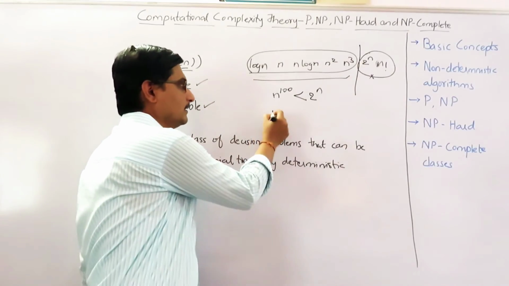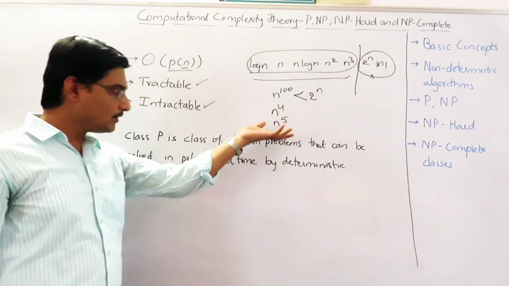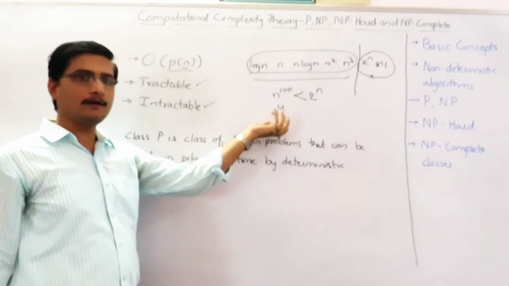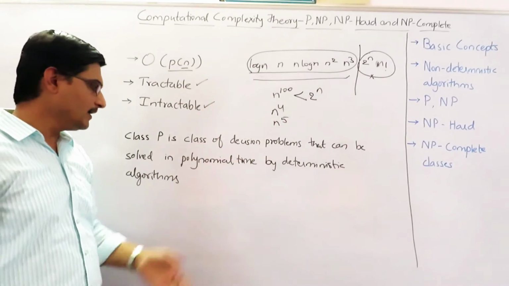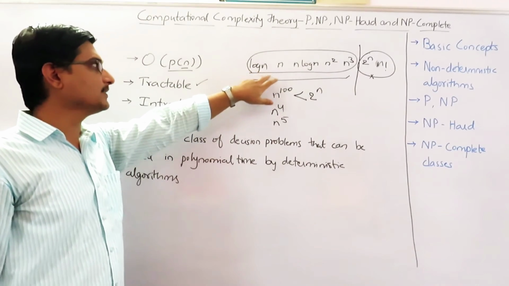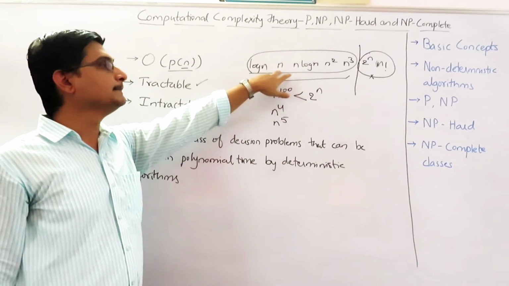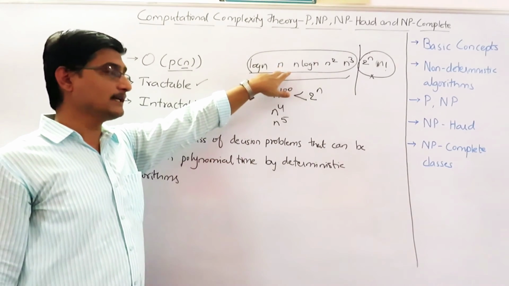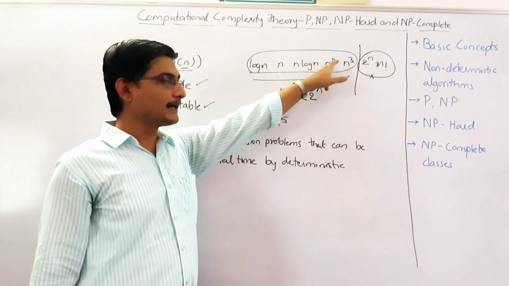Usually there are very few algorithms having the complexity n raised to 4, n raised to 5, and so on. Even so, they are still polynomial time algorithms and they are decision problems. Say for log n we have binary search, for big O of n we have sequential search or linear search, n log n for merge sort, n square for matrix multiplication.